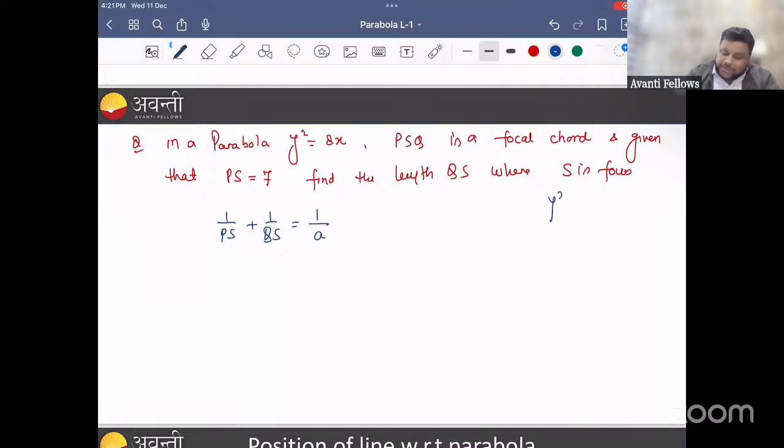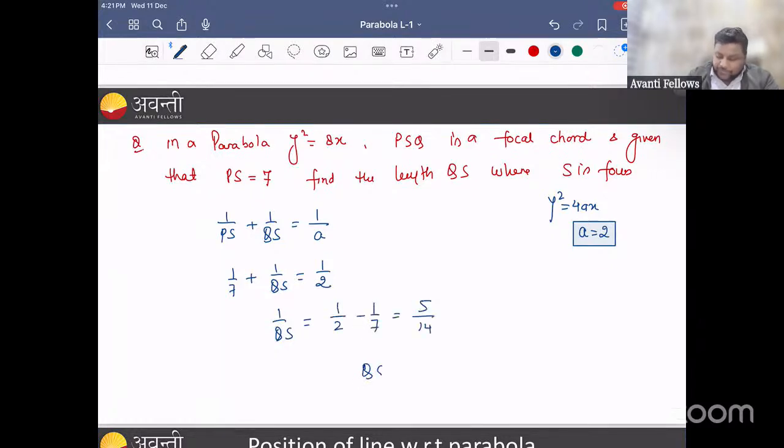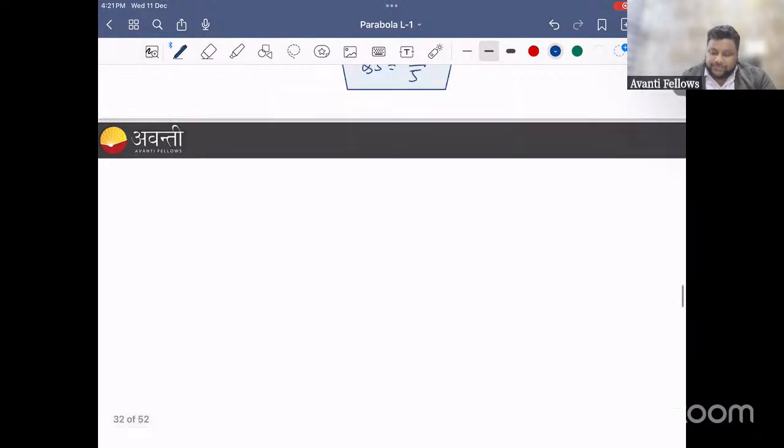Now, according to this parabola, if I compare it with y square equals 4ax, your a is 2. Got it? So 1 by 7 plus 1 by QS is 1 by 2. So 1 by QS is 1 by 2 minus 1 by 7, so it is 5 by 14. So QS is 14 upon 5. Simple question.